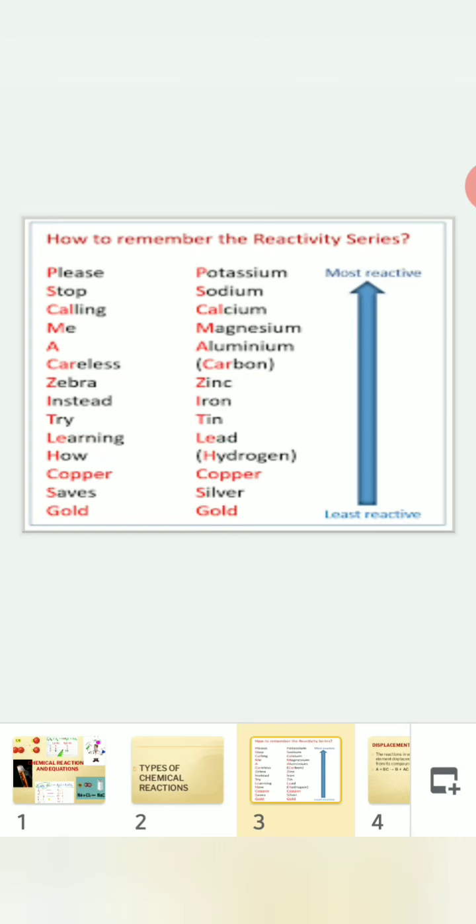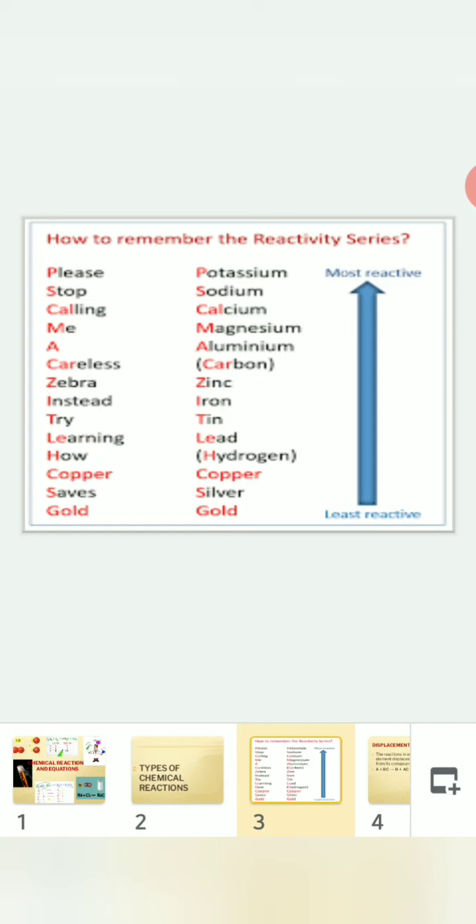So the order of the reactivity goes like over here: potassium, sodium, calcium, magnesium, aluminium, carbon, zinc, iron, tin, lead, hydrogen, copper, silver, gold. So as you go down the reactivity series, the reactivity of the metal will go on decreasing.